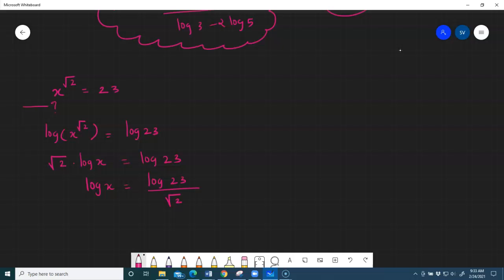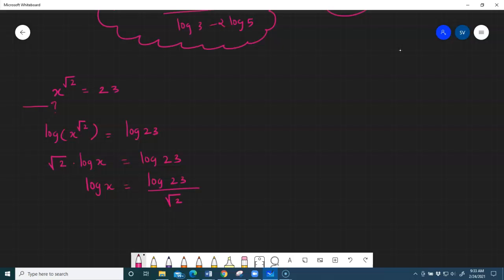Yep. And we need x. X is our priority. Because log x is equal to some quantity, then x will be inverse log of the term on the right side.